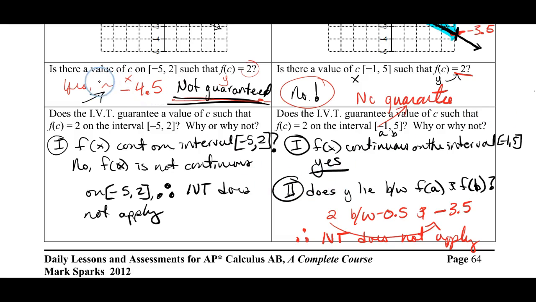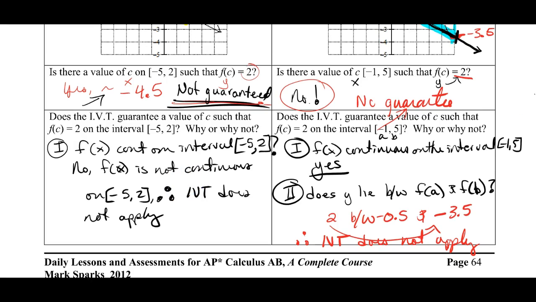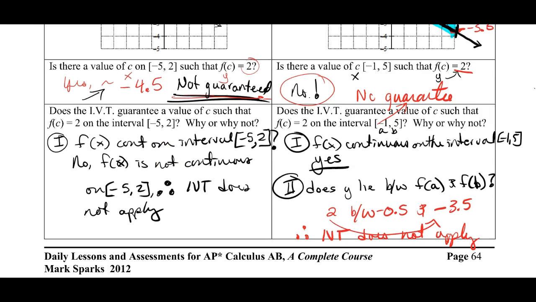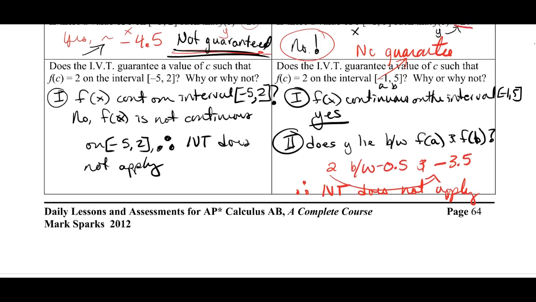Similarly, you might have a C exist even though the IVT does not apply. So it's important that you don't just skip straight to finding C, but that you first evaluate, does the intermediate value theorem even apply in that problem?